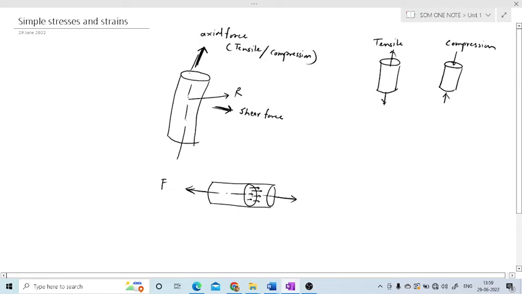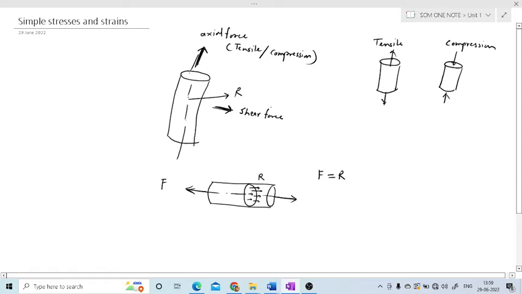Suppose this force is represented by R. Then this force F is equal to R, meaning the applied force will be equal to the resisting force. In any material, when I apply any force, the material will start to oppose that deformation. So opposing forces will be generated, and these opposing forces will be equal to the applied forces.